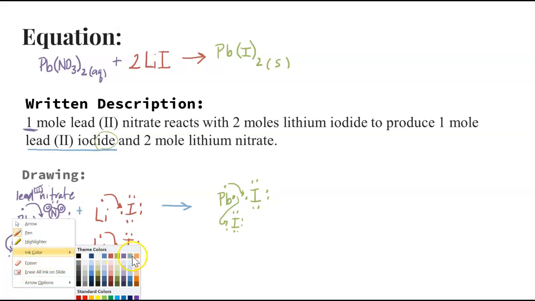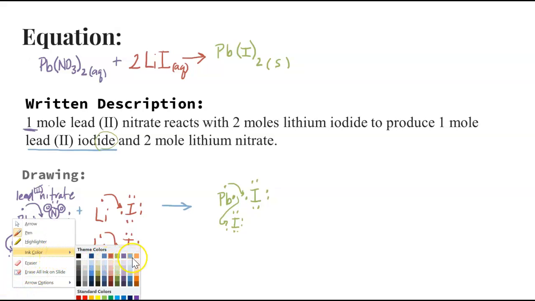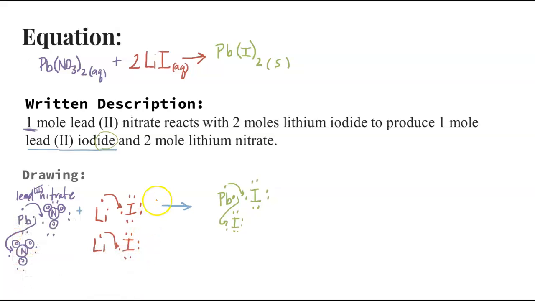And I just realized that I didn't do that for my lithium iodide. Lithium is an alkali metal, so I know that that is going to be aqueous. I'm told I just have 1 mole of lead 2 iodide, and so for that reason, I'm going to just simply leave it blank.